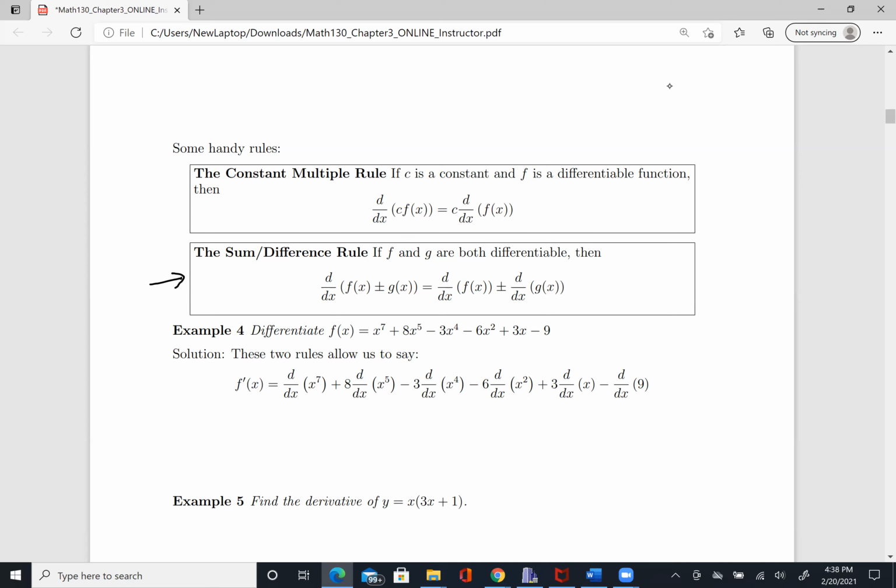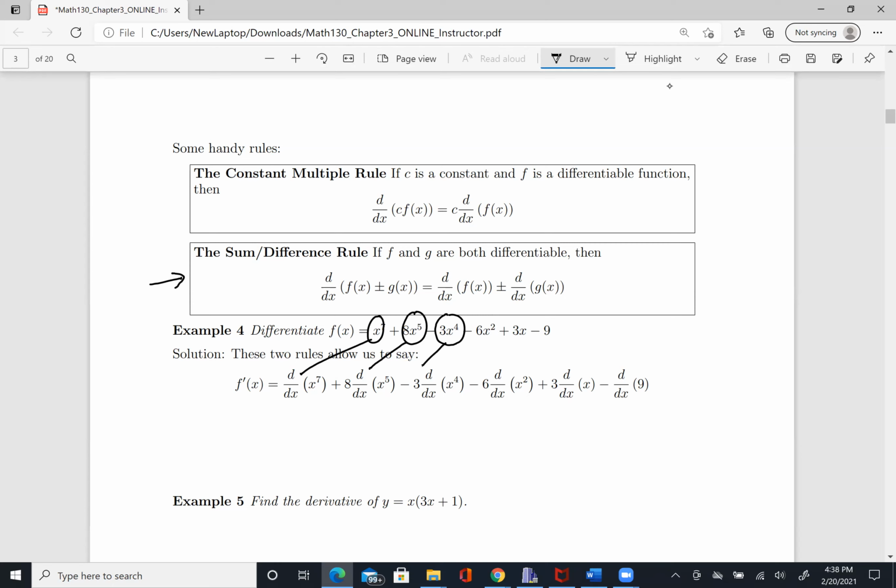But for now, we're going to work step by step, like what we are learning right now. So here we are taking the derivative of each term.